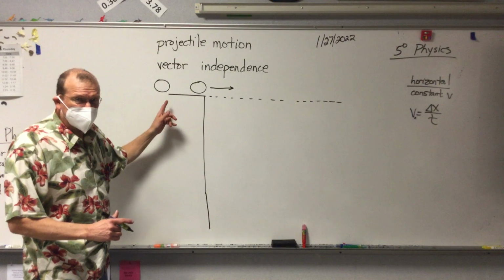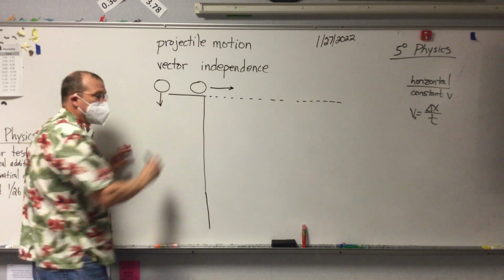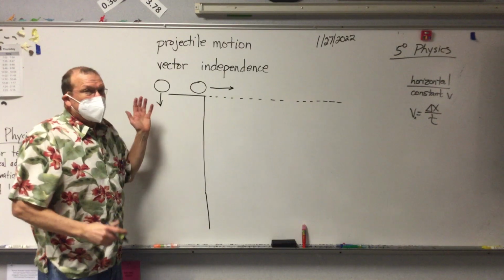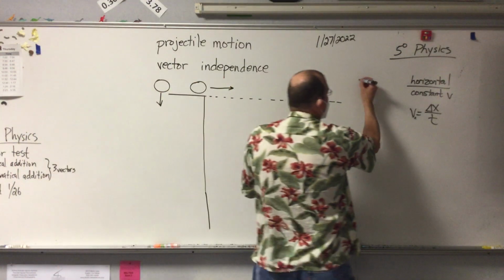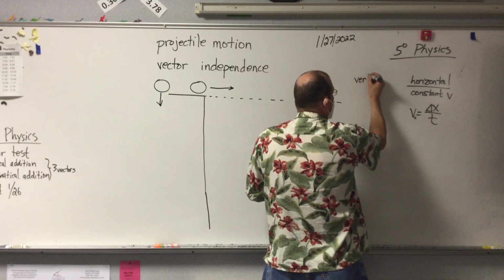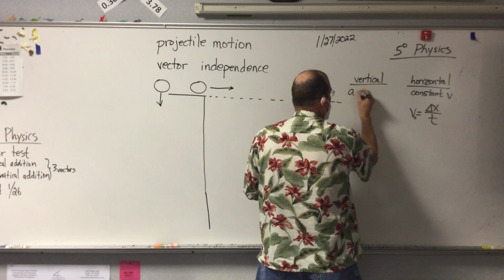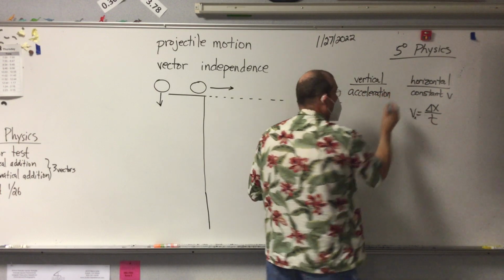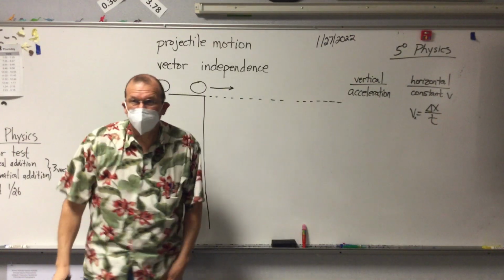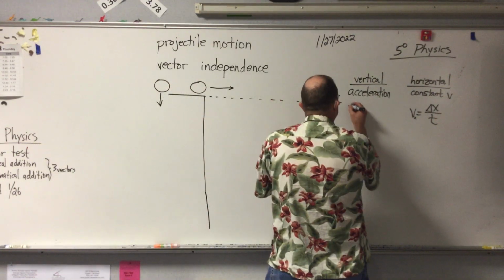But now if we drop this guy, it is going to go down. And because it's accelerating, this is where we can go vertical. We have acceleration. How many different equations do we have for that? 4. All right, well, we're going to put them all out here.